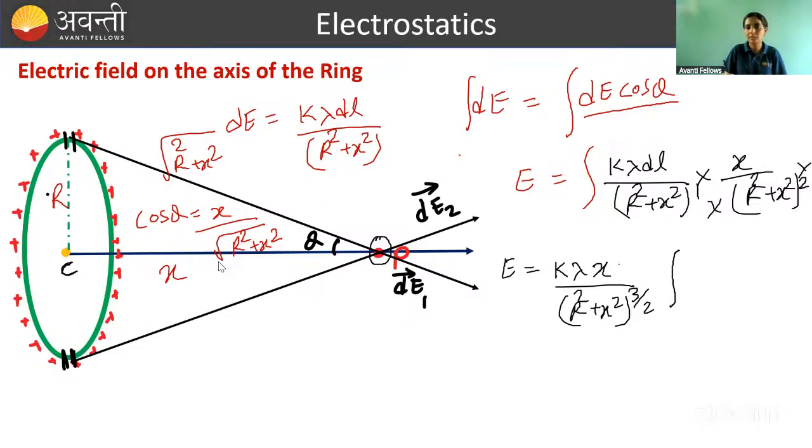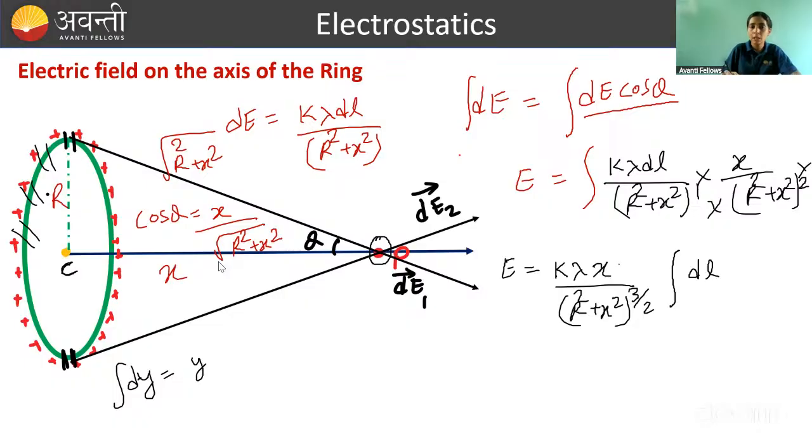Under the integration sign, the only thing remaining is dl, because dl is the variable. So you simply have to add up dl. Integration of dl means you have to add all the dl, so the addition of dl will be equal to the length of this ring, right? Integration of dx is x, integration of dy is y, so integration of dl will be L. L is what?